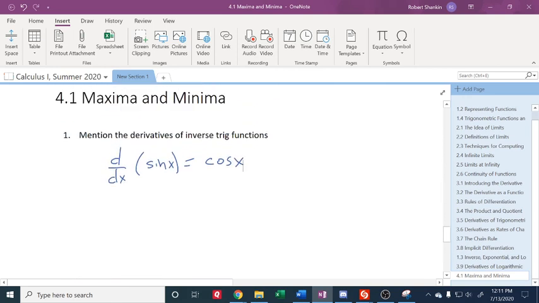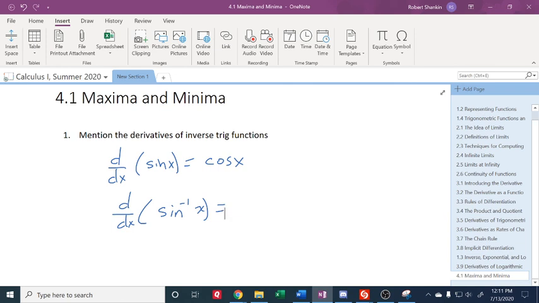So it would seem reasonable to think that if you took the derivative of an inverse trig function, you probably would get an inverse trig function, or at least a trig function or something.